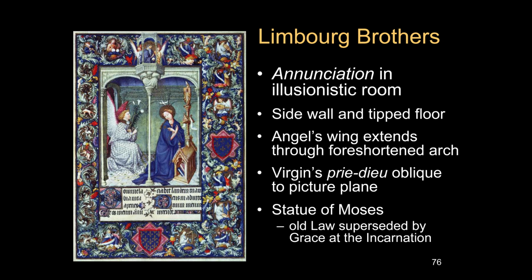Now, why Moses? Well, remember, Mary, Joseph, the apostles, were all first century Jews. Moses was the great prophet and lawgiver. So, he would be one of the main religious figures. And the way that the Christians looked at history, and we're talking here about medieval Christians, they saw three eras or three periods of time.